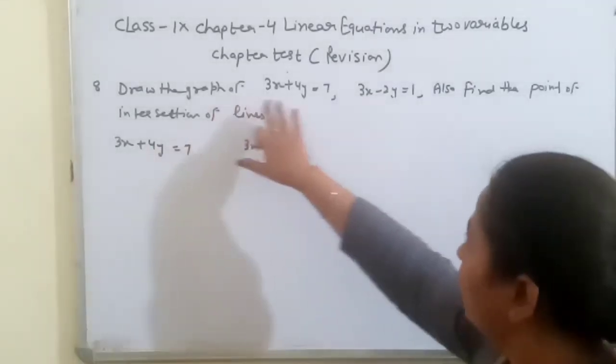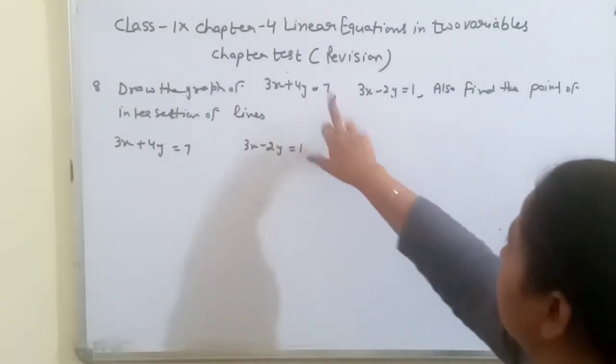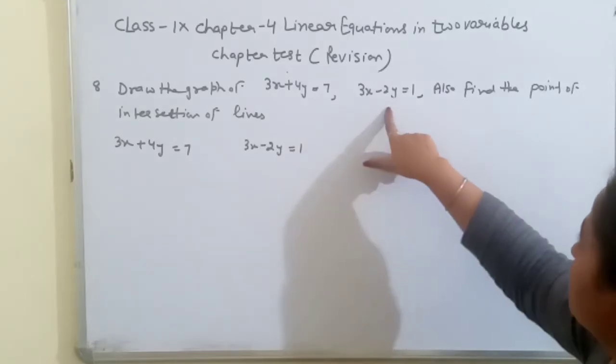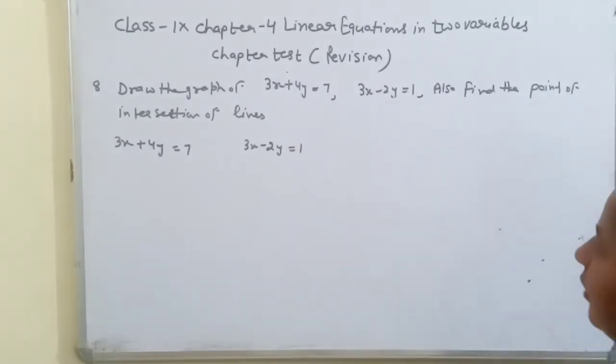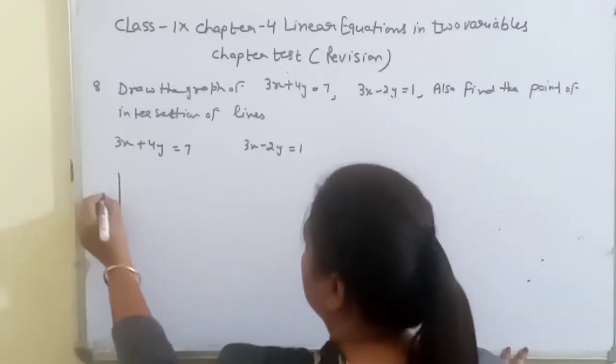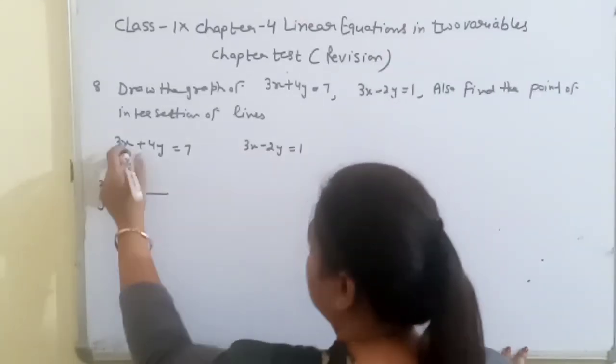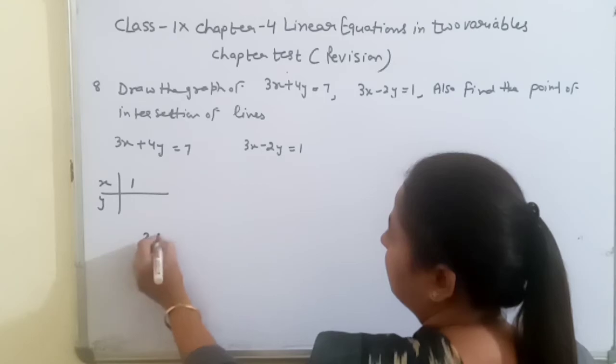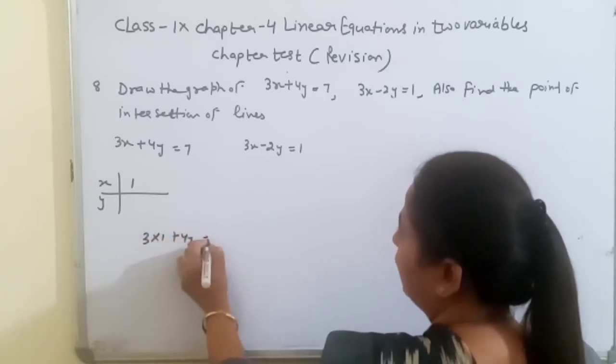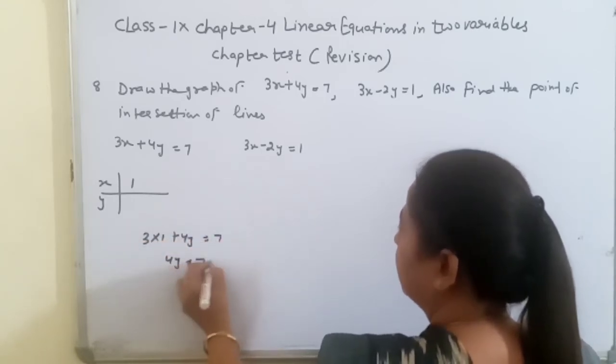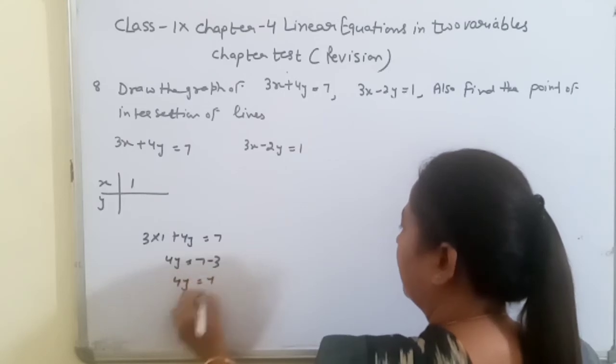Question number 8 is, draw the graph of 3x plus 4y equal to 7, 3x minus 2y equal to 1. Also find the point of intersection. So let's make a table for these two different lines. X, y, substitute x is 1. When x is 1, then what is the value for y? Y is 1.